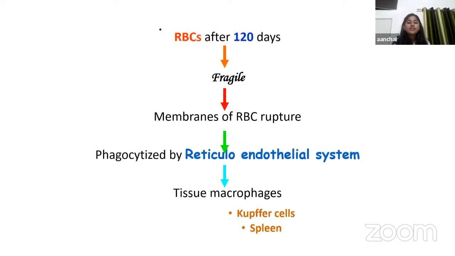Now, what happens? As we have already seen, whenever the lifespan of the RBC is over, after 120 days, the RBC membrane becomes fragile and it gets ruptured, right? So it is phagocytosed by reticuloendothelial cells, which are responsible for the destruction of RBCs, by tissue macrophages, Kupffer cells, which are present in the liver and spleen.